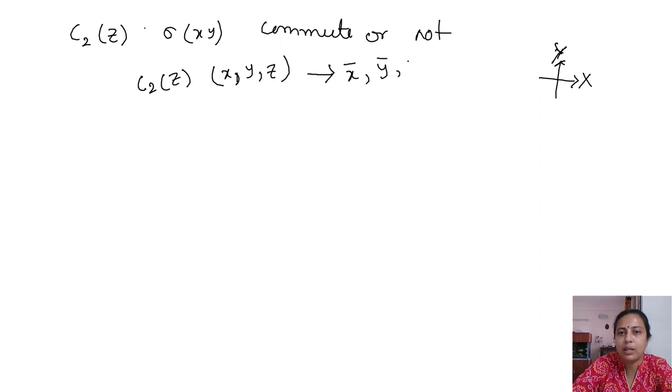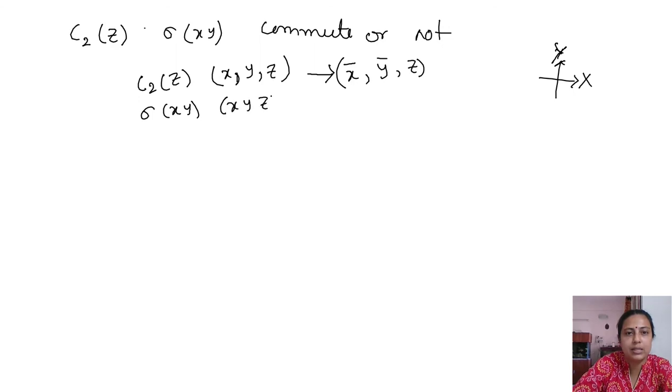My Y would be minus Y, I can write it as Y bar. I can also write it as minus X, minus Y, Z. Now perform sigma XY on X, Y, Z. That is going to alter your Z coordinate, so it produces X, Y, Z bar.